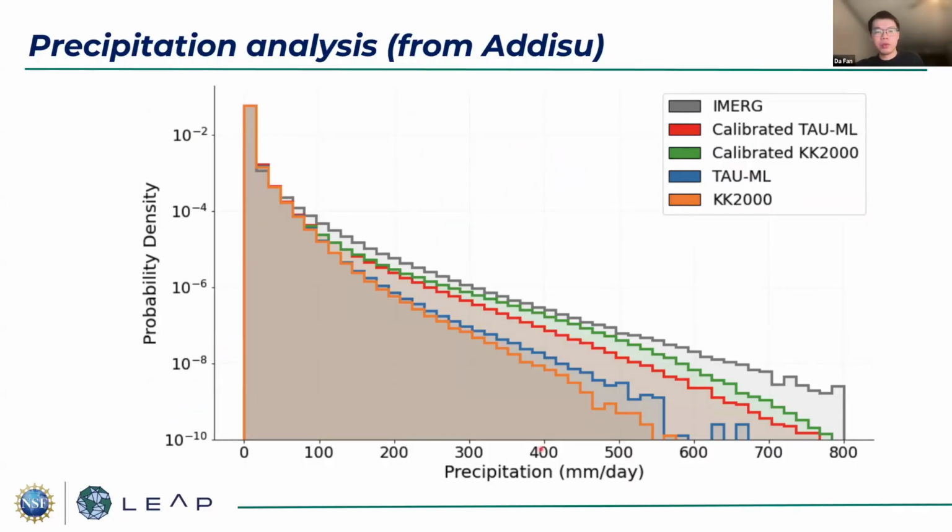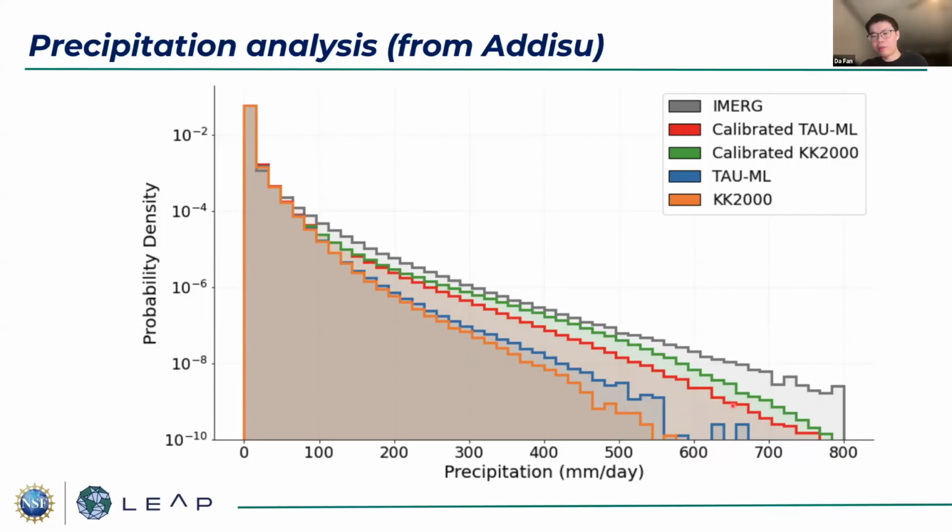The orange and blue ones are the original KK2000 and tau ml PPE, while the red and green curves are the calibrated tau ml and KK2000 ensemble. As you can see, this calibrated KK2000 has the best agreement with observations, and it's much better than the original KK2000.